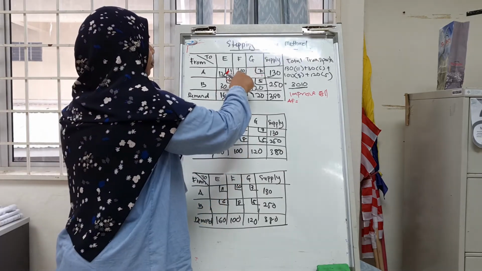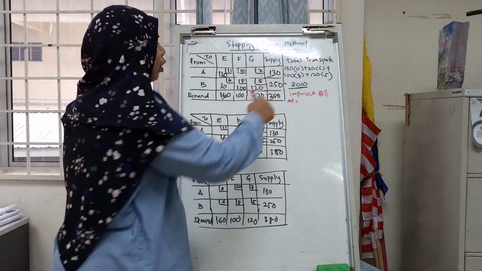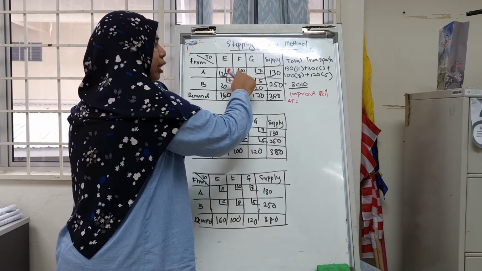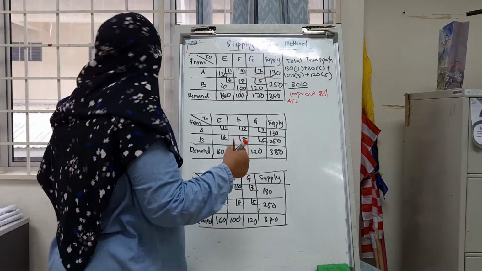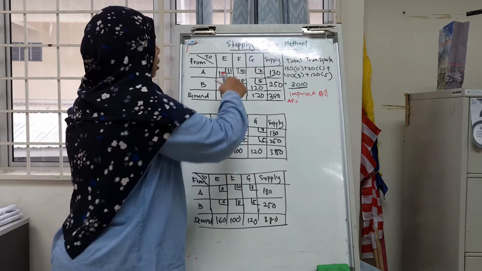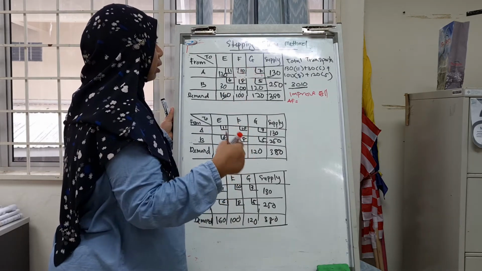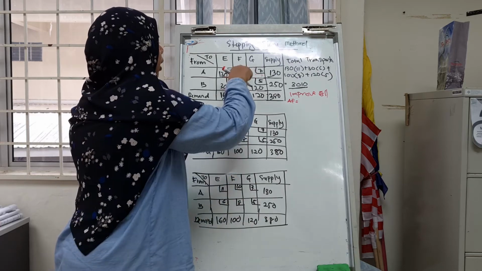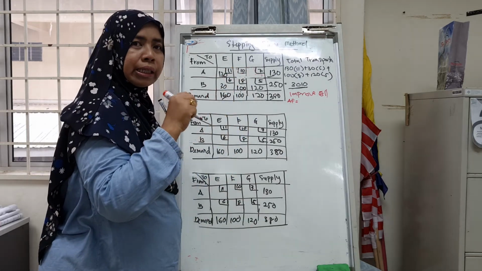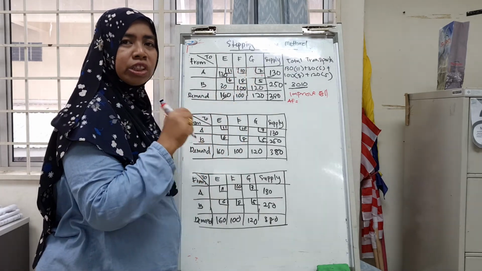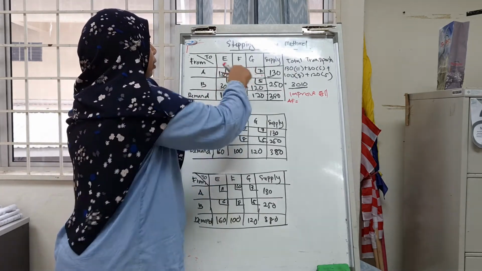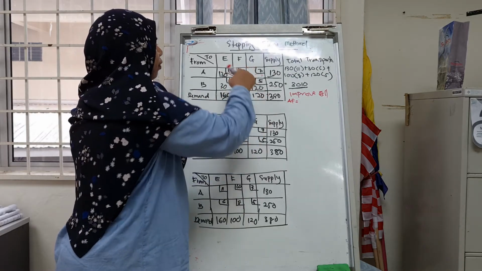So let's see AF, whether we have to improve this cell or not. How to identify? You have to calculate the price or charge for this cell. For example, F is 10.